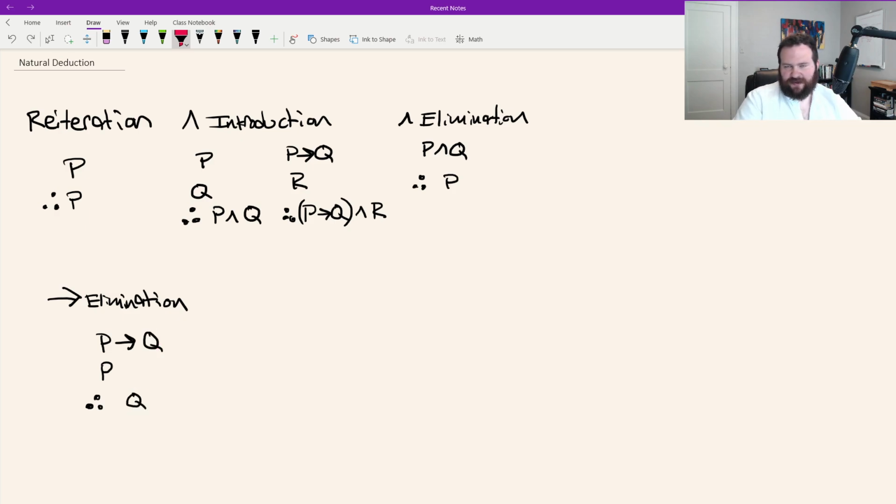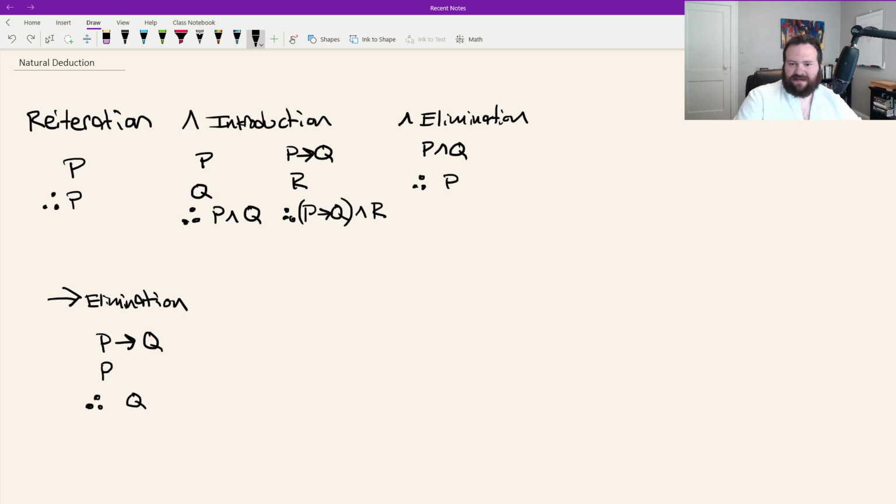All right. So you can think of a conditional like a keyhole, right? The conditional is a keyhole, and the left side of it is a key. If you have that key, you can open the door and get what's behind it. That's conditional elimination.